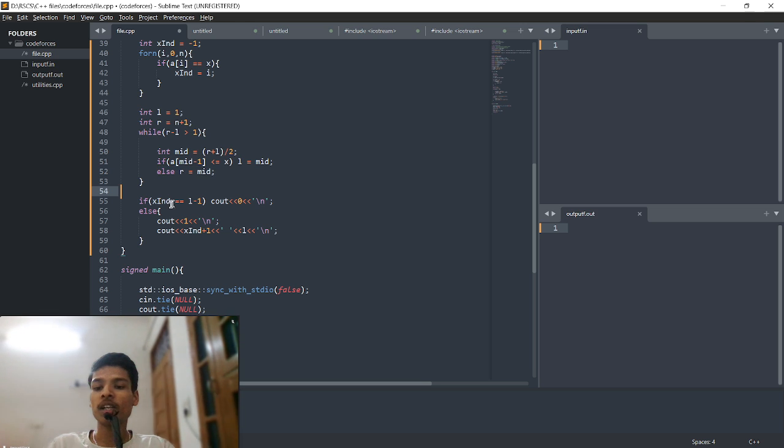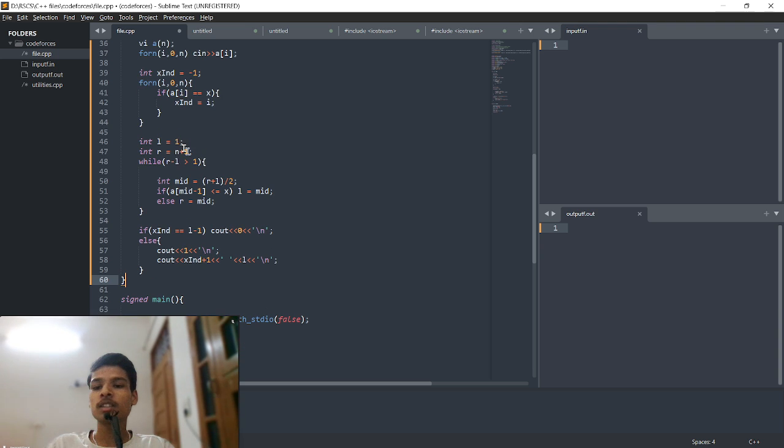Then check if my last index is equal to my x index, then simply print 0, else print one operation is required, and the swap operation will be the index of my last position, which is L, and the index of the target. So that's how you can solve the last problem.